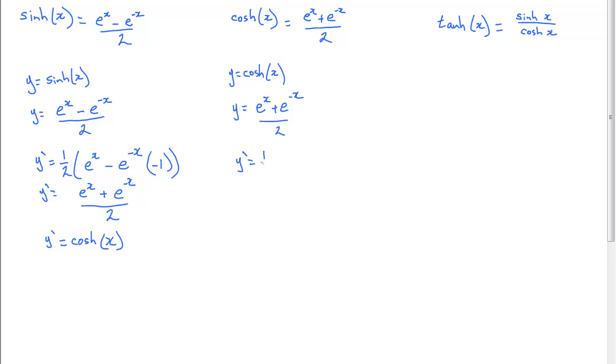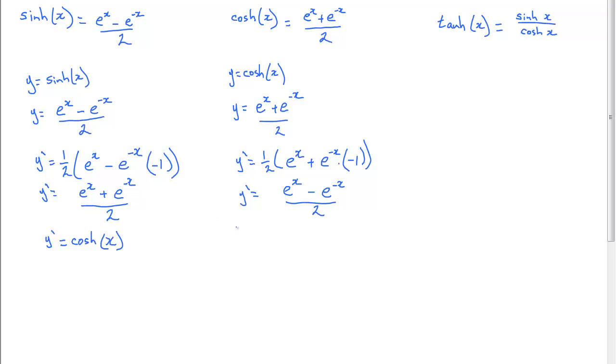We take the derivative, the half comes out, the derivative of e to the x is e to the x, plus the derivative of e to the minus x is e to the minus x, multiplied by the derivative of minus x, so that's the chain rule. That's minus 1. If we simplify, e to the x stays, plus and minus gives minus e to the minus x, all over 2.